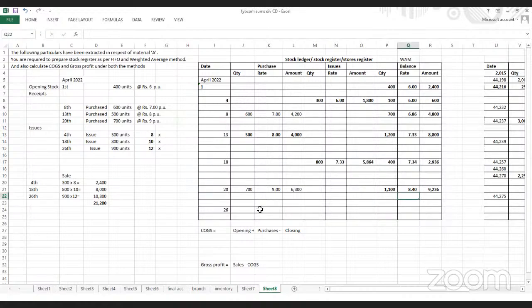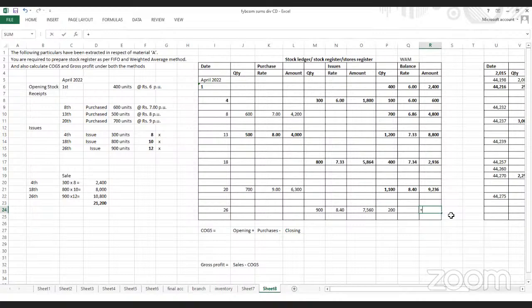So last date 26. Again, issue is there, 900 units. So I'll go to issue column. In that quantity, I'll issue 900. I'll use the latest rate 8.40. So amount of issue is 900 into 8.40, 7560. Now closing stock: out of 1100, 900 issued, so 200 units left.